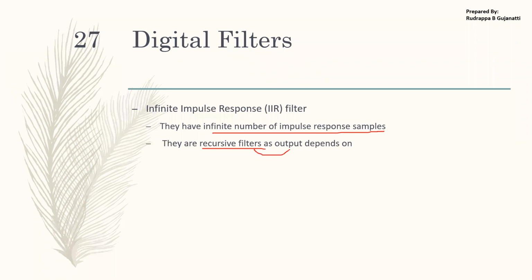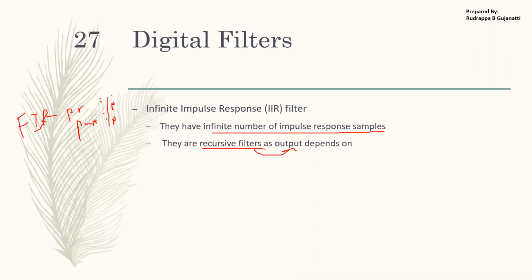The output depends on one more factor, which is not seen in FIR filters. In FIR filters, what was the case? We saw that the output is dependent on the present input and the past input values.